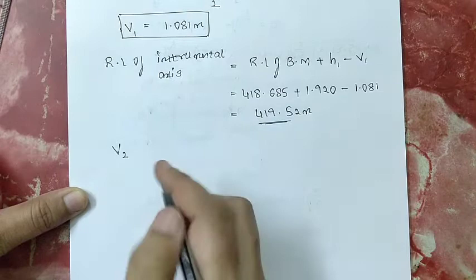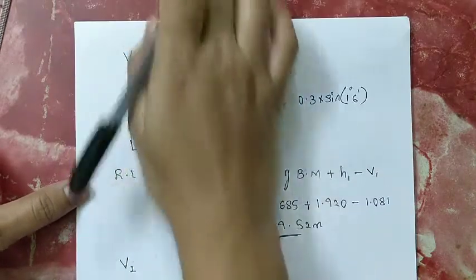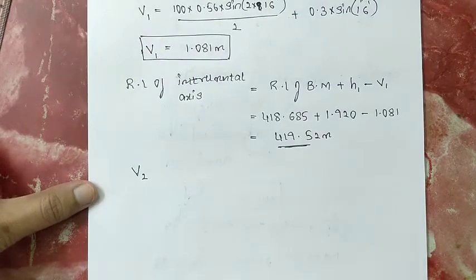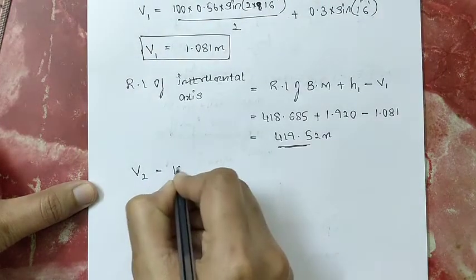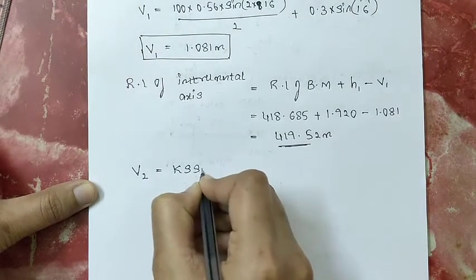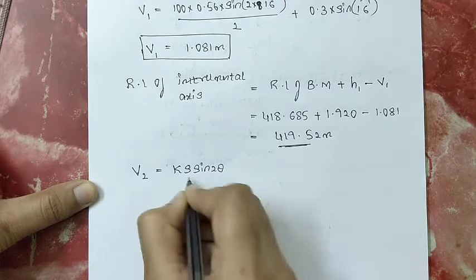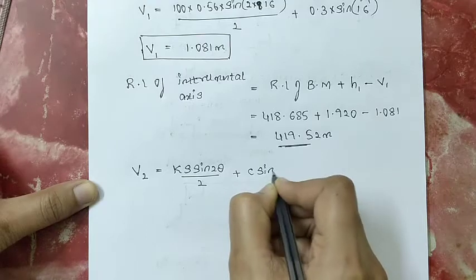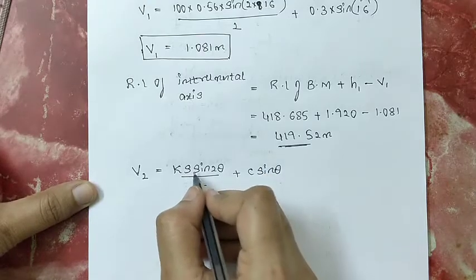H2 you already know. The vertical component V2 uses the same formula as V1: V2 equals K S sine 2 theta divided by 2 plus C sine theta.